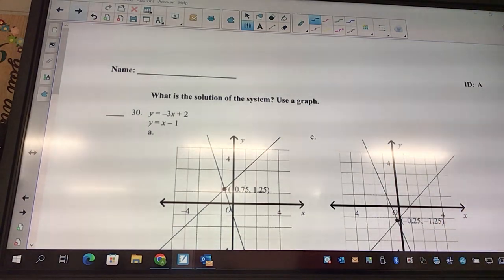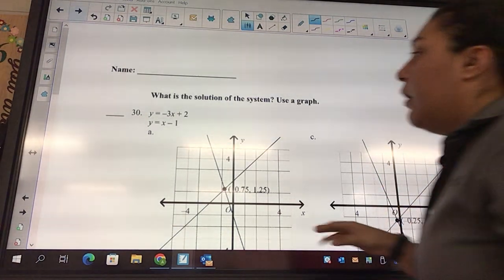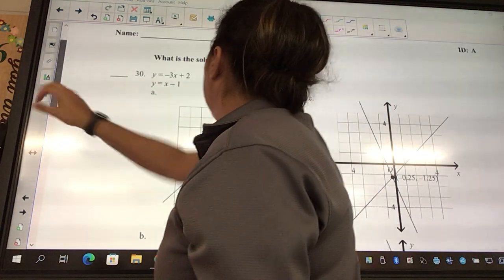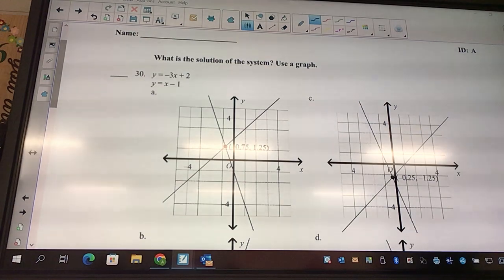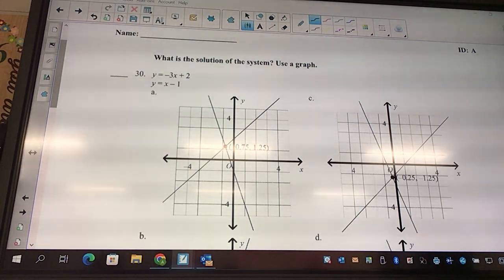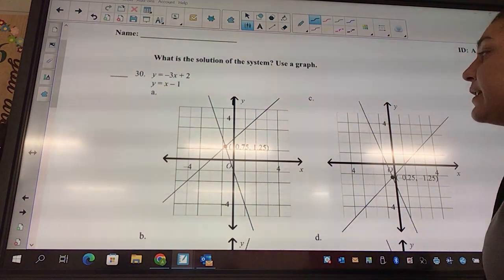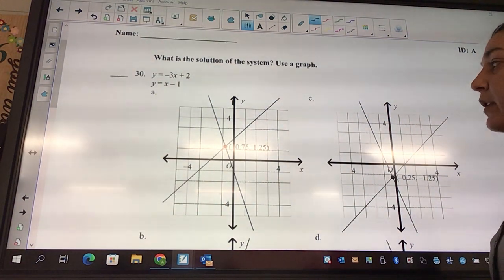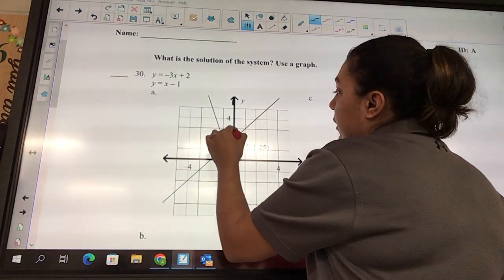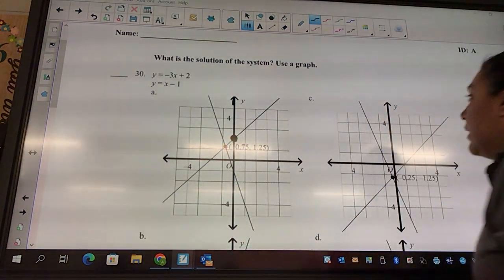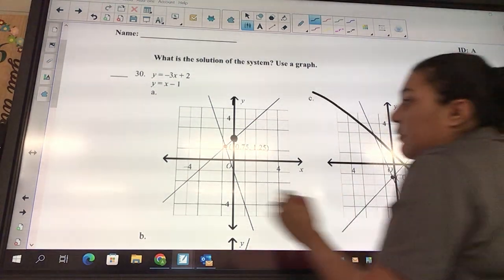Okay, this one you're kind of just going to have to draw on the graphs and see what matches up. Our first line should start at what? 2. Which lines do not start at 2? We're looking at the y-axis. Does A start at 2? Yeah, it looks like it does: 1, 2, 3, 4. So that checks out. Does C start at 2? Neither of them do, so it's not that one.